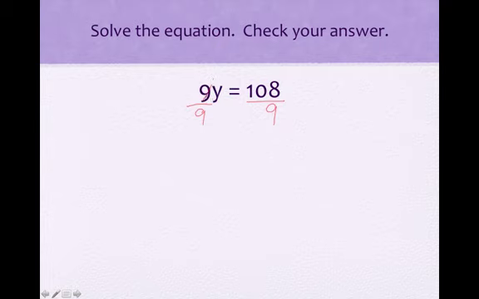So these 9's are going to cancel each other out because that's going to be equal to 1. 1 times y is still y. And y is going to equal 108 divided by 9, or 12. I'm going to pop that back in just to check my answer, and I get 9 times 12 equals 108, and indeed that's correct.